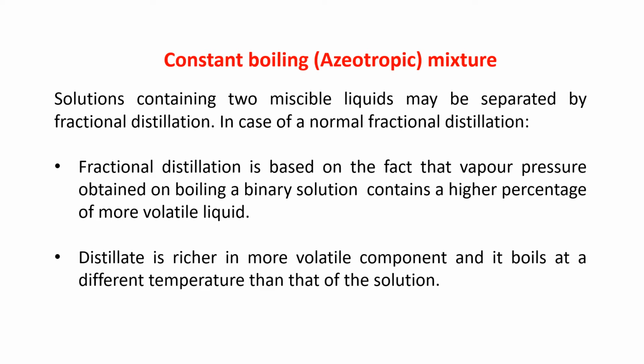Type 2 positive deviation and negative deviation show a particular property of the solution which is known as constant boiling or azeotropic mixture. What is that? We will discuss this here in this slide.